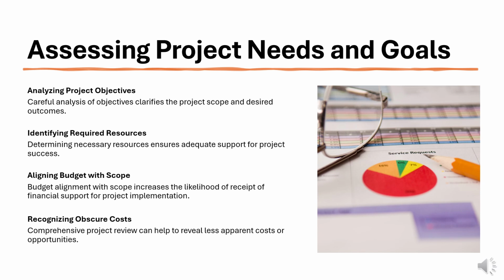This process also encourages you to recognize less obvious costs or available opportunities that might otherwise be overlooked, creating a more realistic and comprehensive budget plan. For example, my team recently applied for funding for a community health worker supported intervention and did not identify the need for lock boxes to secure patient records during transportation from patient visits in the community back to the clinic until a final review of project logistics.